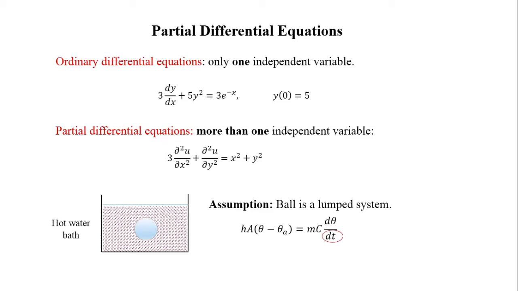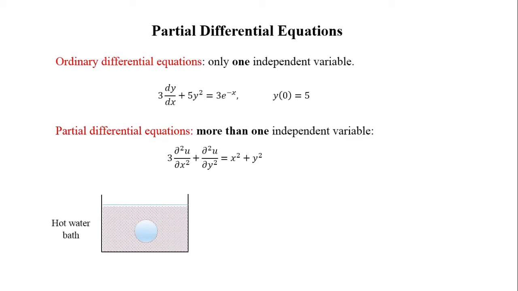That is, at any instant of time, the temperature of the ball is the same whether you measure at the surface or at the central location. With this assumption, the temperature varies only with time. So the number of independent variables is 1, that is time t, and this equation is an ordinary differential equation.